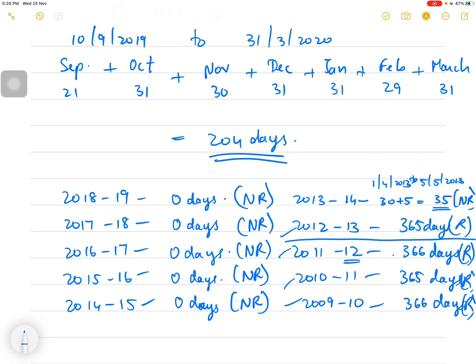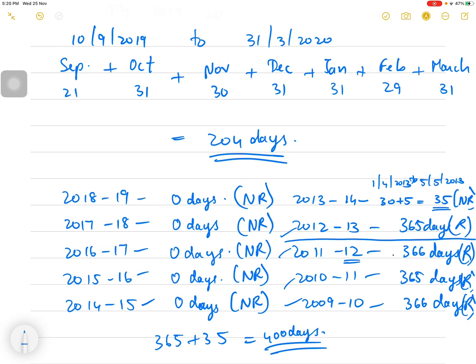So her stay in India during 7 years preceding the previous year is 365 plus 35. That's it. 365 days plus 35 days. So 390, so 400 days, right? So that means her stay in India is less than 730 days during 7 years preceding the previous year 2019-20.